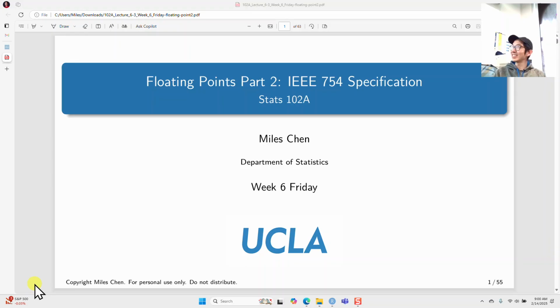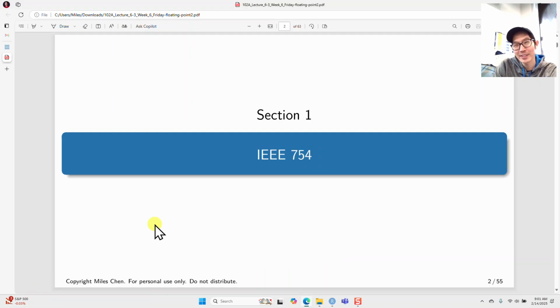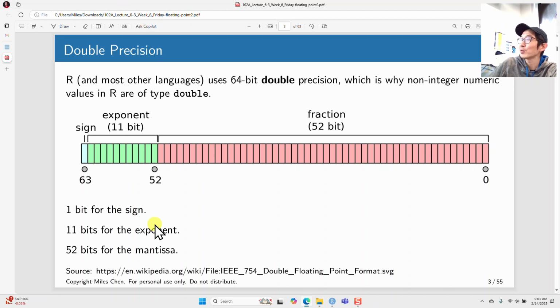We get to continue on in this exciting topic of floating point numbers. So on Monday, we introduced the IEEE 754 specification for floating point numbers, where we said, in the computer, all of our numbers are stored in binary, and we have double precision floating point, which means we will use 64 bits to represent numbers.